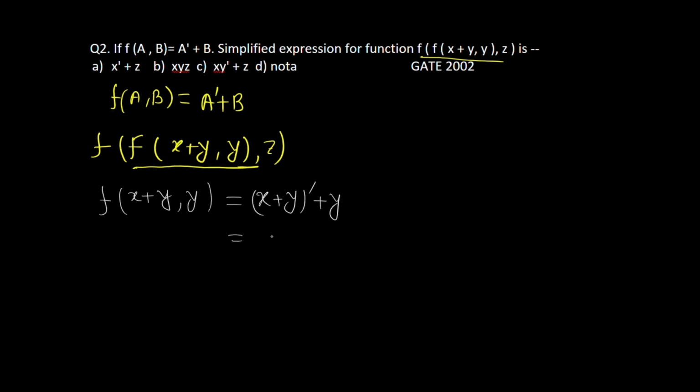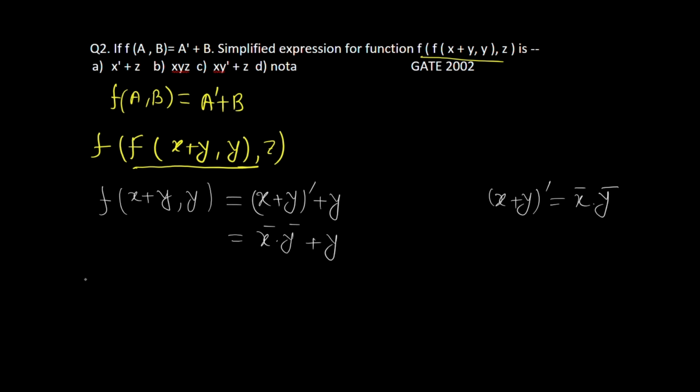By De Morgan's law, we know that x plus y whole bar is equal to x bar dot y bar. So here we can write x bar y bar plus y.